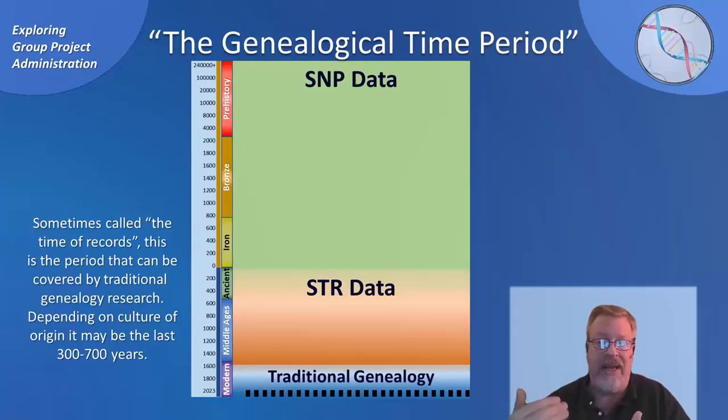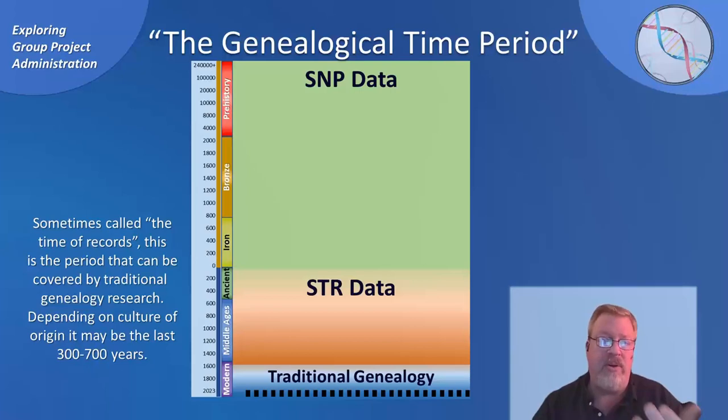There are people who connect to important lines that have been well documented, maybe nobility or somebody that has a pedigree going back farther. They can trace their ancestry back 800 years, sometimes even 1,000, with a fair amount of reliability. Those are, to my mind, flukes, but they happen. But I'm going to say sometime between now and let's say 1600 is about the time of what I call traditional genealogy.